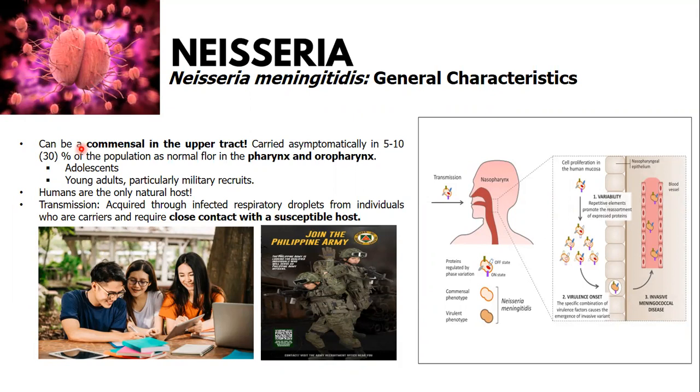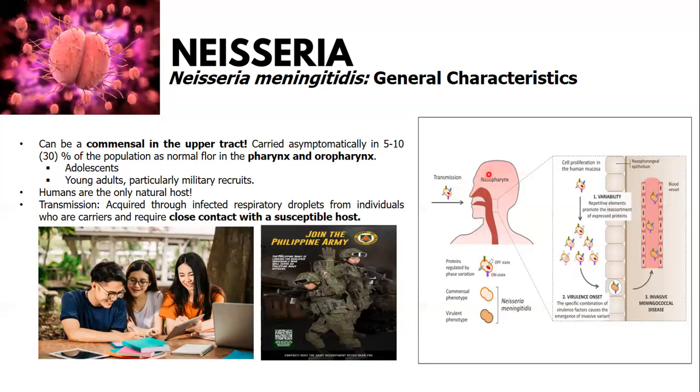Take note that humans are the only natural hosts of Neisseria meningitidis, and that transmission of infection occurs primarily as a result of the acquisition of infected respiratory droplets expelled from a carrier that is in close contact with a susceptible host.